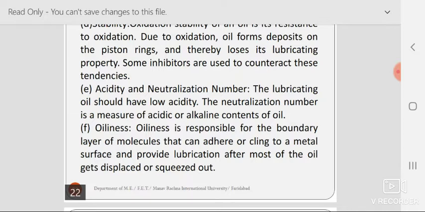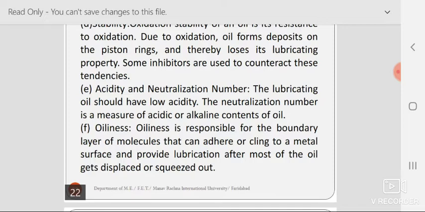The neutralization number is a measure of acidic or alkaline contents of oil. Every lubrication oil has a neutralization number. Now the standard neutralization number is fixed by the car manufacturer. If it goes below that neutralization number, the acidity characteristic is more.